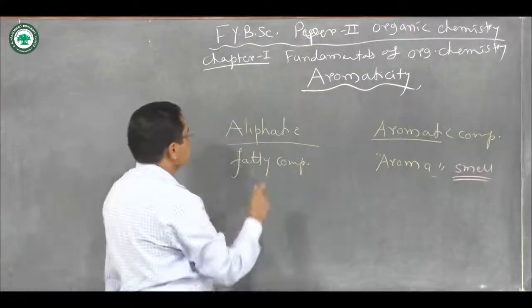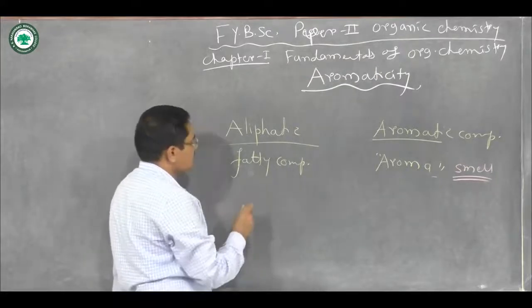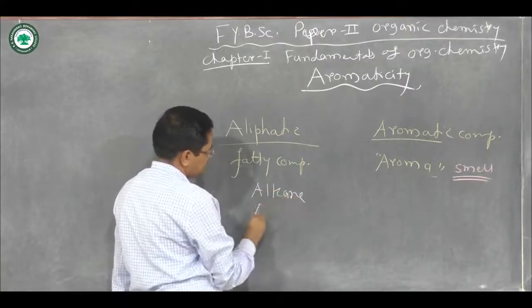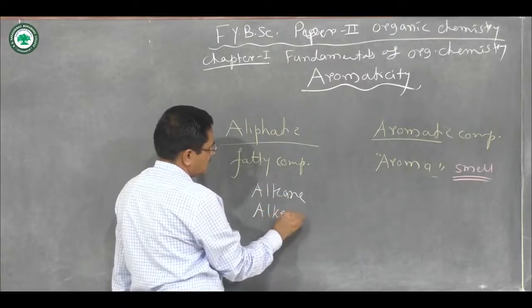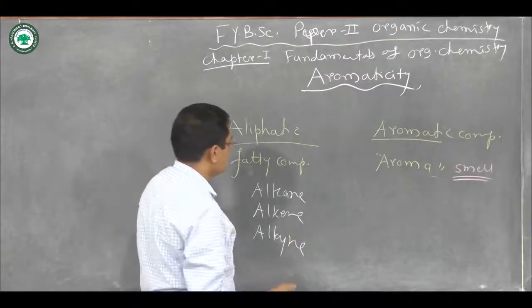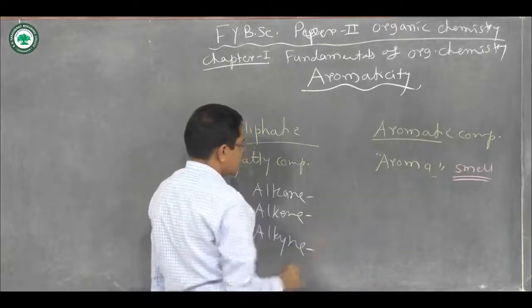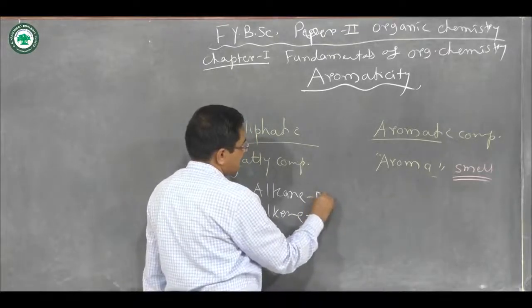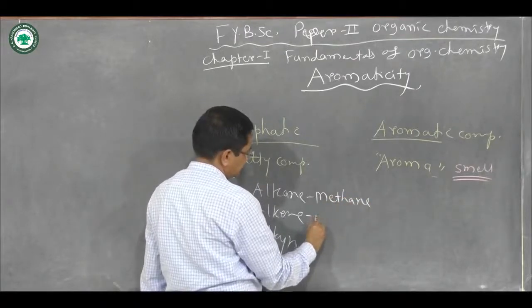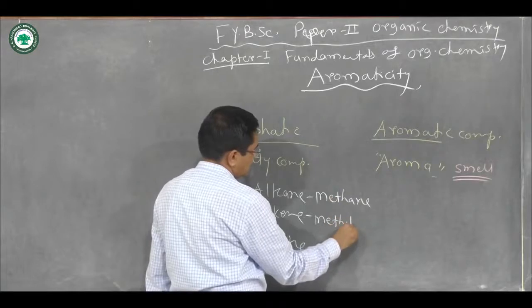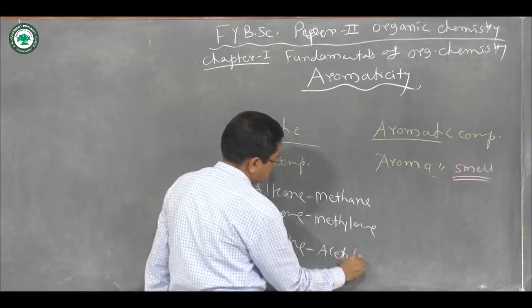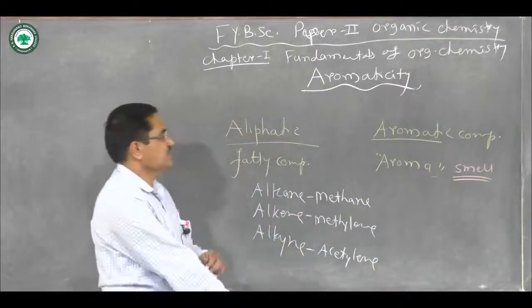Now when we consider the example of aliphatic compounds: alkane, alkene and alkyne. So we consider the example from alkane, the first member, methane, methylene and acetylene.